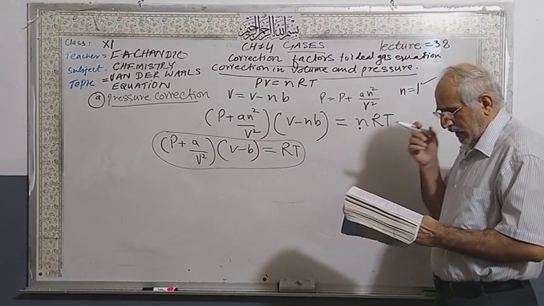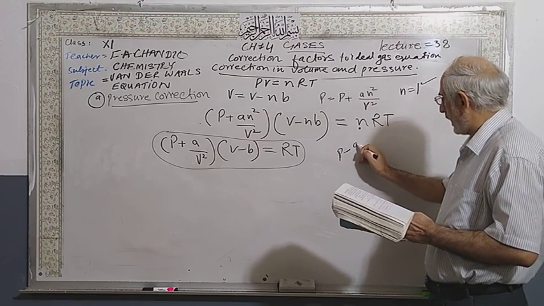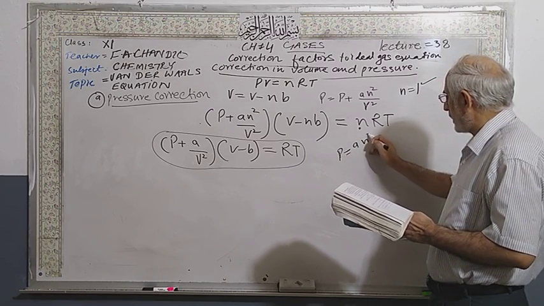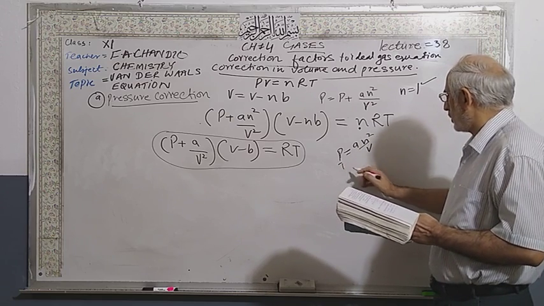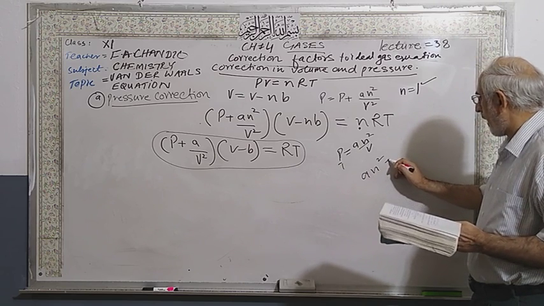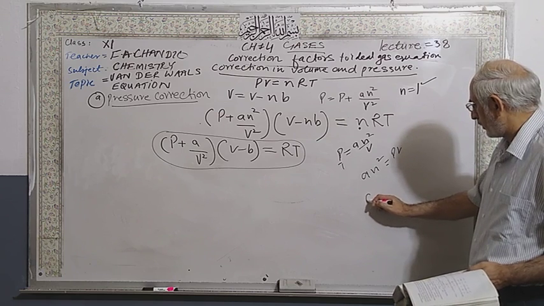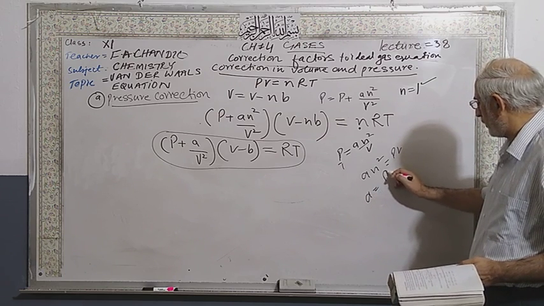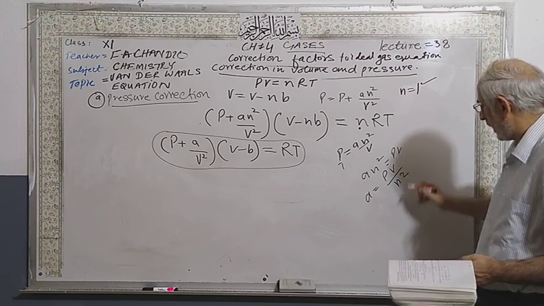So dear students, if you have P is equal to an square over V square, then an square is equal to PV, or a will be equal to PV over n square.